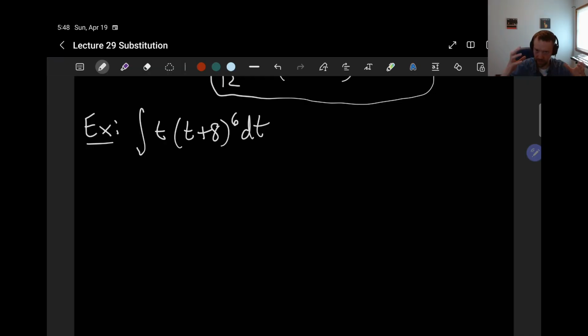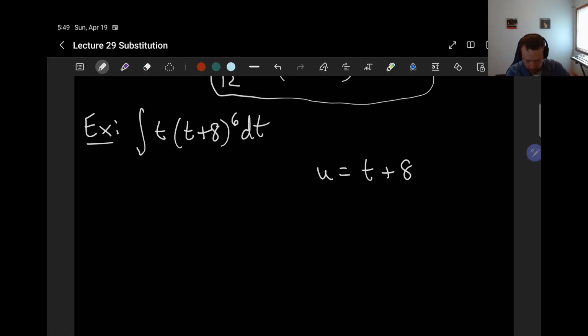The t plus 8 is inside the 6th power. So let's try that for our u. Okay, I don't really see another practical way to do this anyway. Like you could, in theory, multiply this out all the way, all 6 powers. It's just not very practical. So let's try doing a u substitution.